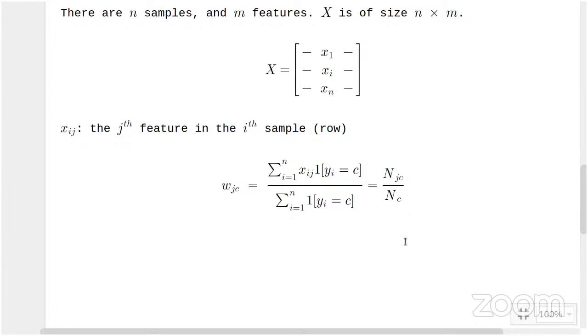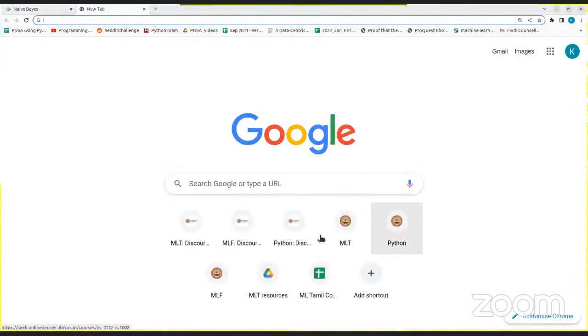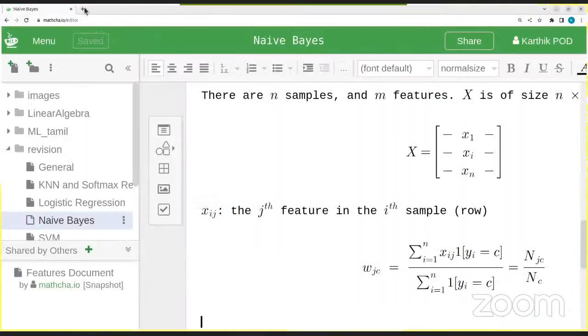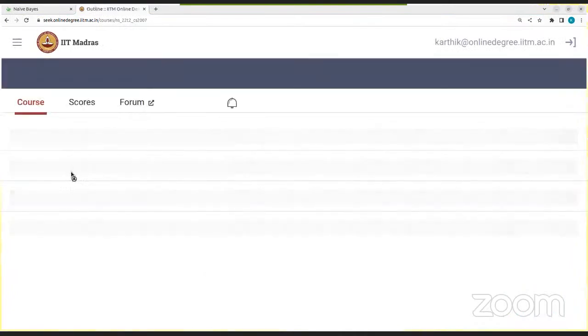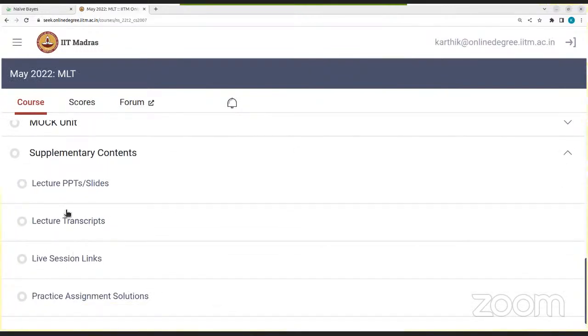Just doing all this, I'm a bit worried. So let me go to the slides and make sure that we are not doing something wrong. What is the formula given in the slides?